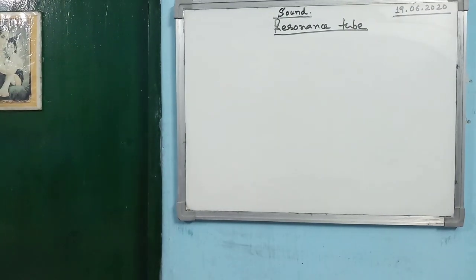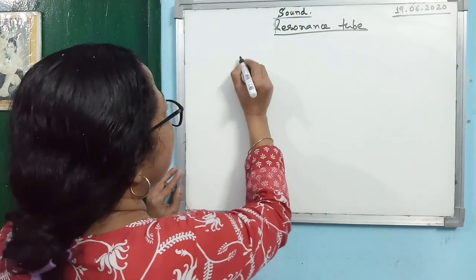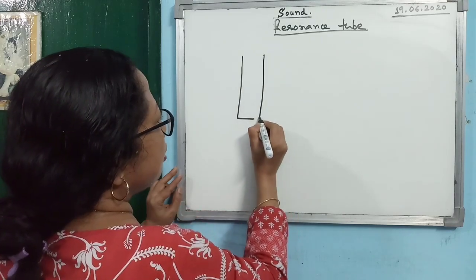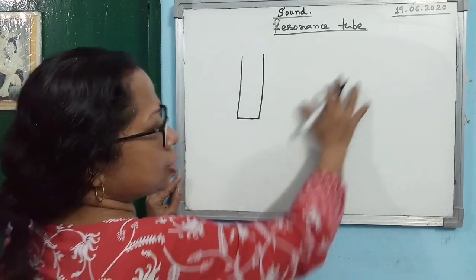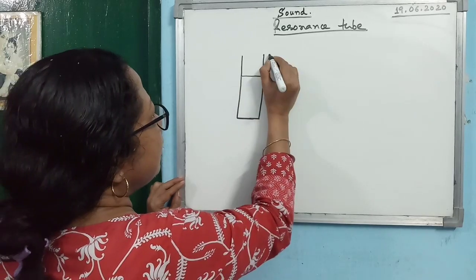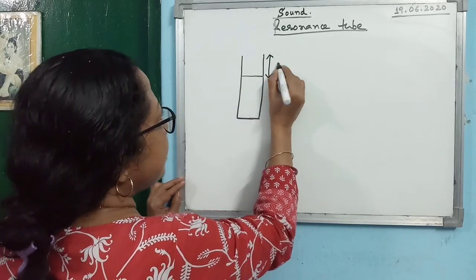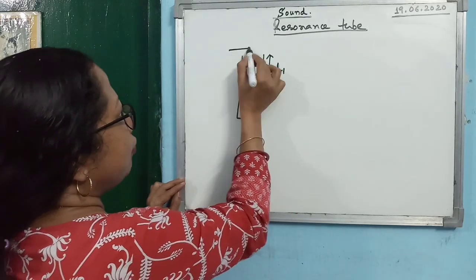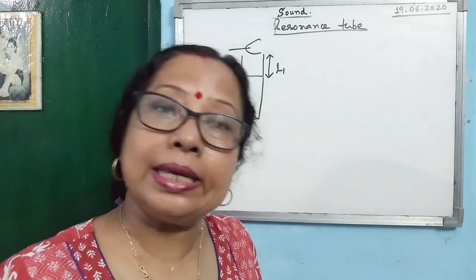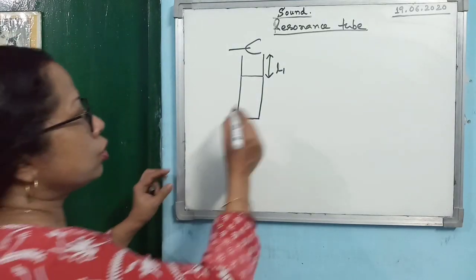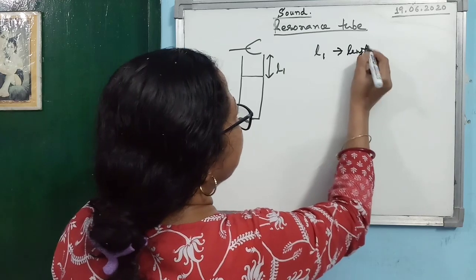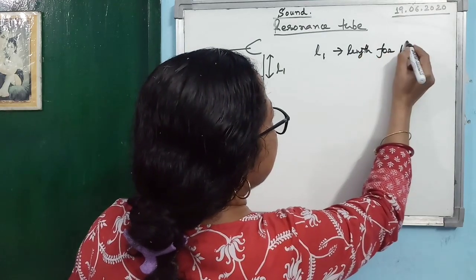Now I am not drawing the entire diagram, only the enclosed air. Just imagine that the rest of the part is there. Now let us consider when the length of the air column is L1 and you are getting resonance, hearing the louder sound. So L1 is the length for first resonance.